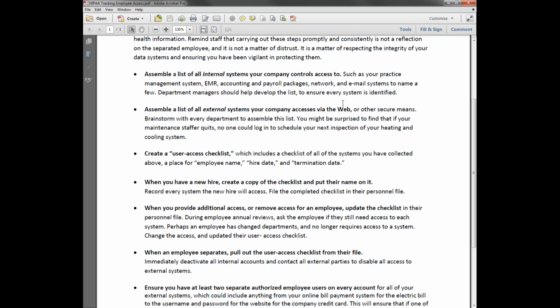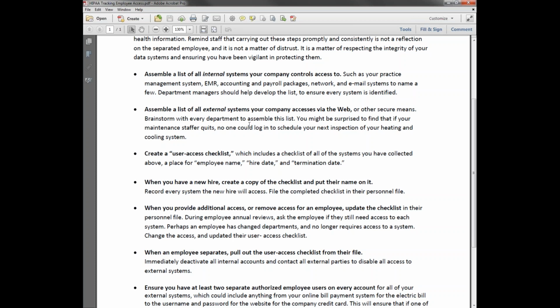So all those different types of systems that are in your organization, having that list allows you to be better organized and allows your managers to really ensure that those areas and the controls are in place to make sure that there's no violations of HIPAA with those systems.